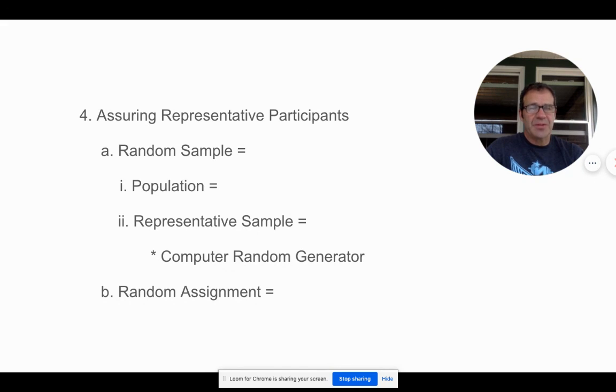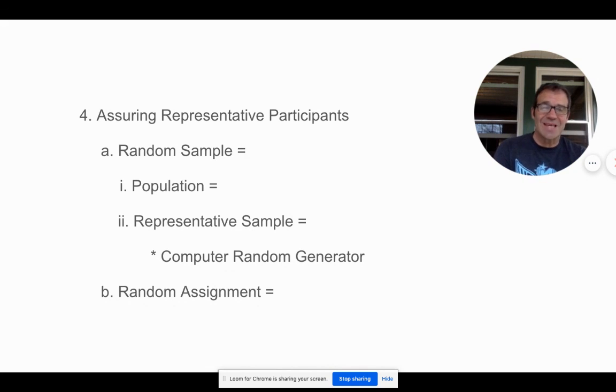The 200 are the population. Okay, because all 200 of them had an equal chance, it's truly a representative sample. Once we have the 40, then we're going to take that 40 and put them in another computer random generator or flip a coin or something like that and decide which person is going to go into which group. Okay, so we're going to have 20 in the experimental, 20 in the control, and how they ended up there was purely at random.